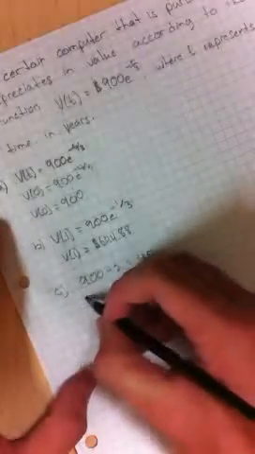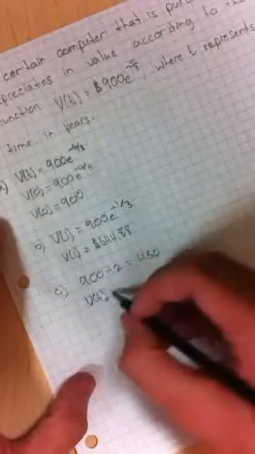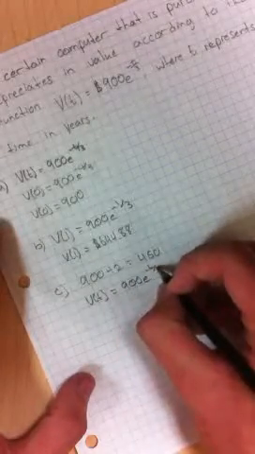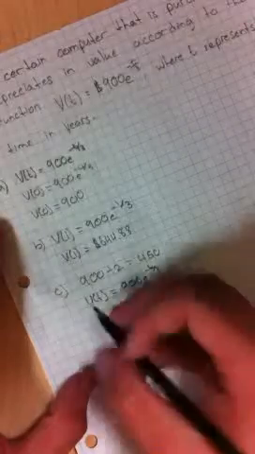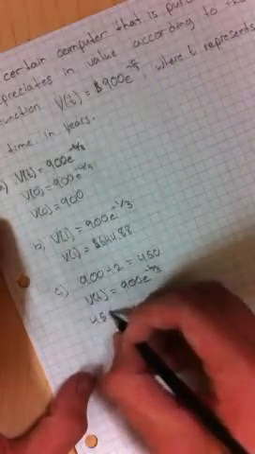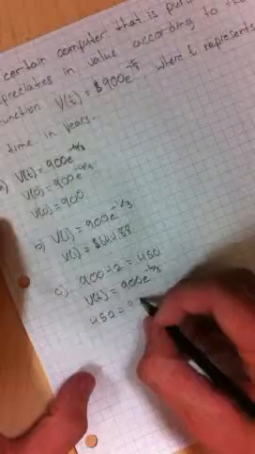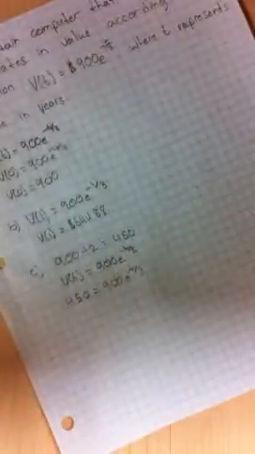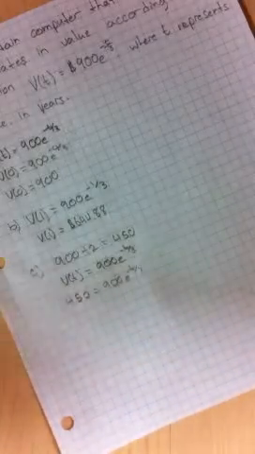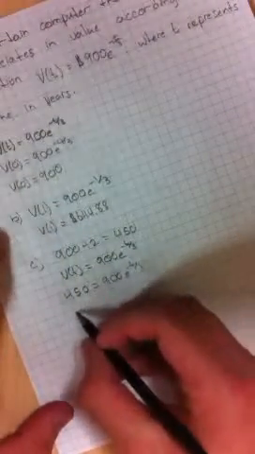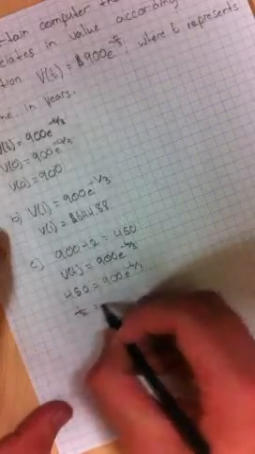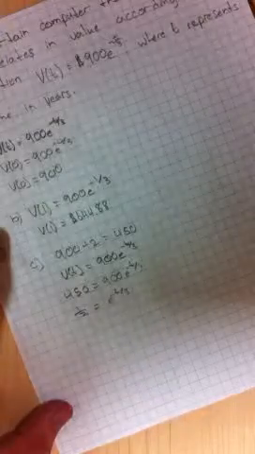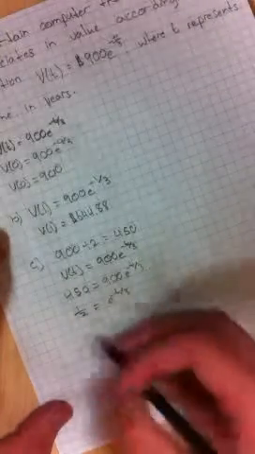So we start with our equation. Input 450 for the value of the computer. And then we have to rearrange to solve for t. To do this, we divide by 900. And then we take the natural logarithm of both sides.